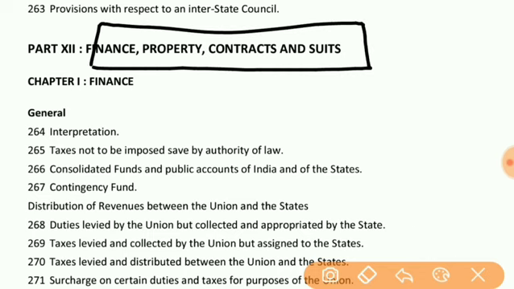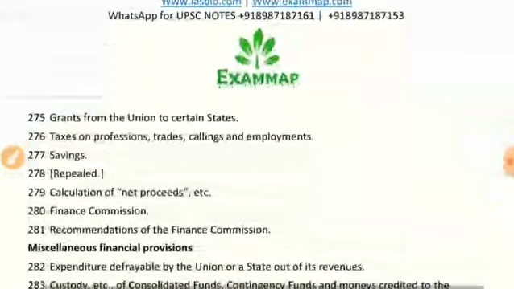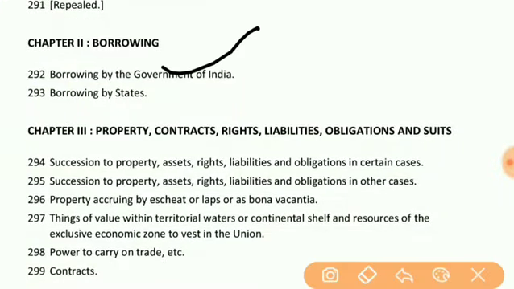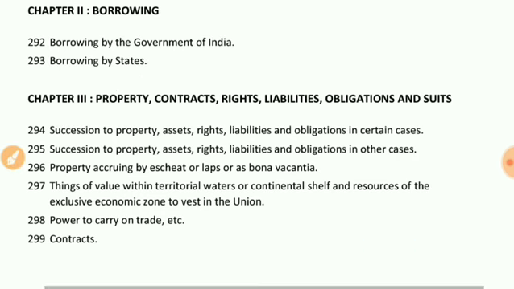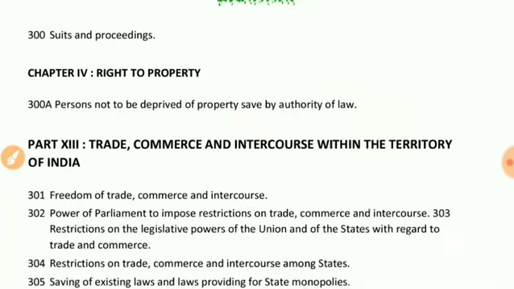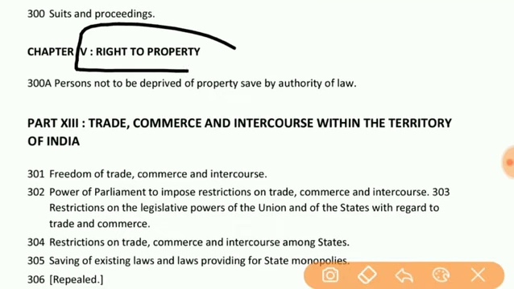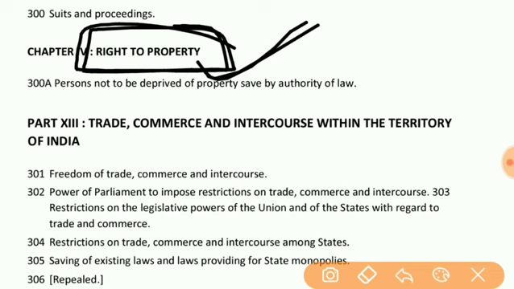In this we have Chapter 1, finance, then borrowing, and Chapter 3 is property, contracts, rights, liabilities, obligations and suits. Then we have Chapter 4, right to property. First, in the original Constitution, this was present in the articles under fundamental rights, but after the amendment it was removed from the fundamental rights.